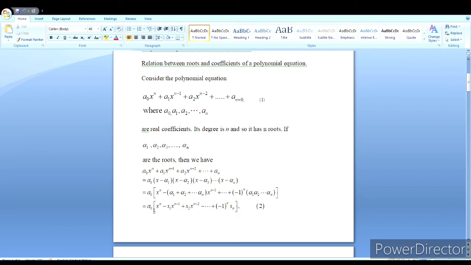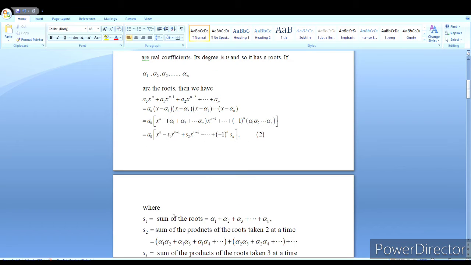We rewrite this as a0 into x power n minus s1 into x power n minus 1 plus s2 into x power n minus 2, etc., plus minus 1 power n into sn, where s1 denotes the sum of the roots alpha 1 plus alpha 2 plus etc. plus alpha n.